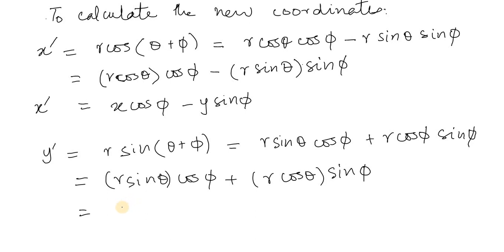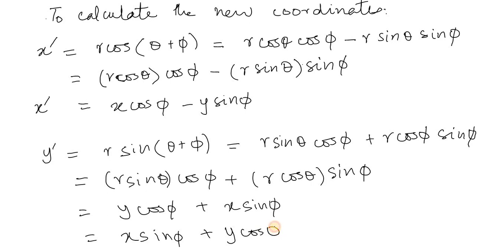It can be further simplified: r sine theta is equal to the y component, and r cosine theta is equal to the x component. We can rearrange it and write it as x sine phi plus y cosine phi.